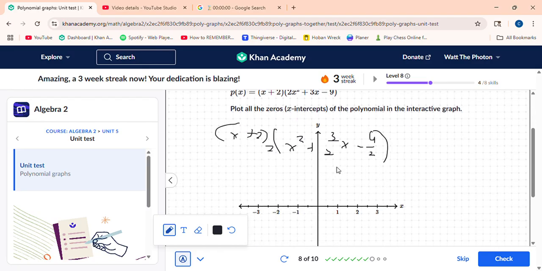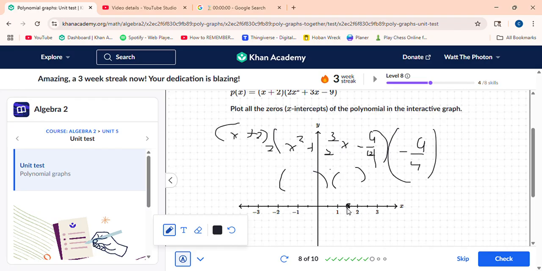So we have, isn't supposed to be 9 over 4. So this was a 4. That's how it works. You can get 3 over 2.